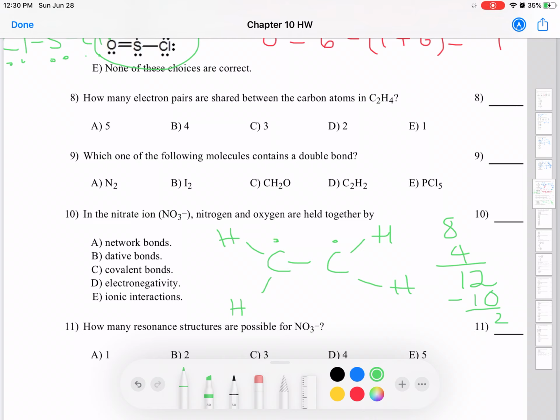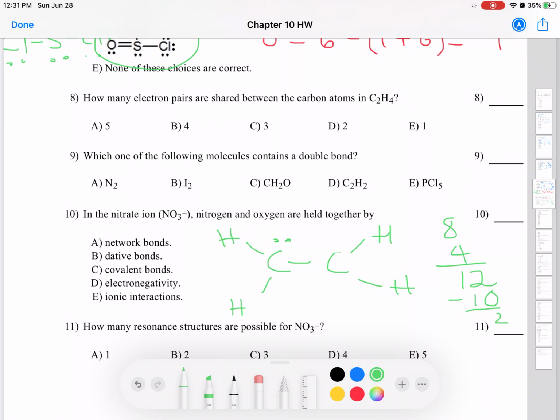So if you put 1 electron on each carbon, then carbon will have only 7 electrons. But if you erase one of those and put another one there, like this, then this carbon has 8 electrons, but the other one has only 6.